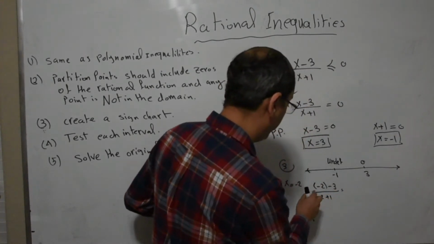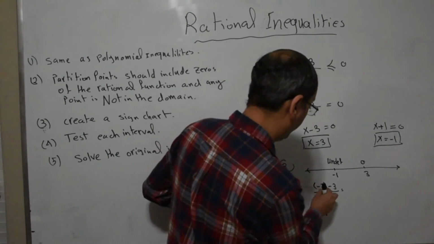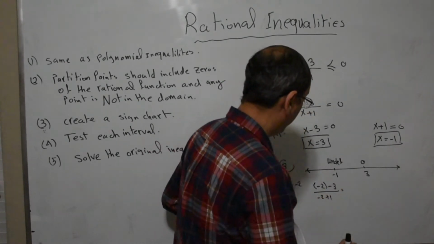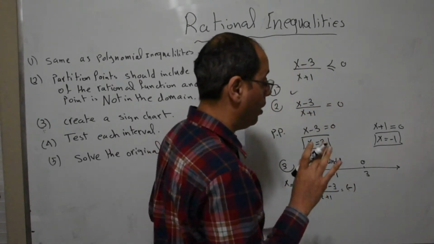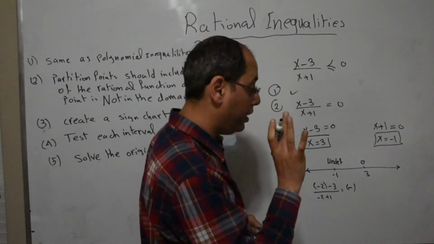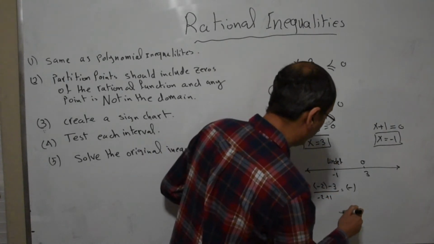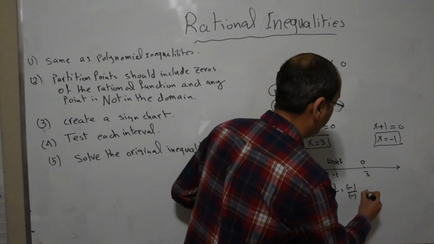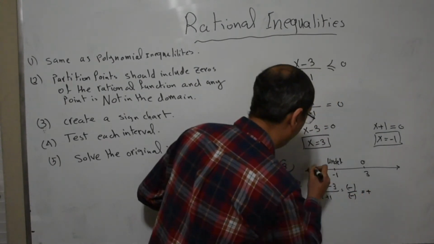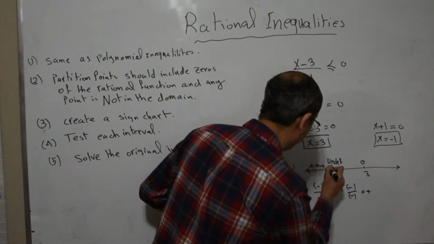Negative 2 minus 3 is negative 5, so it's negative, and I'm not worried about the value, I'm worried about the sign. All I need is the sign. And negative 2 plus 1 is negative as well, so negative over negative is positive. So I have positive here.